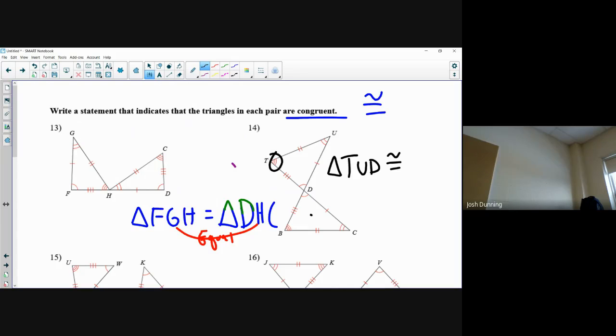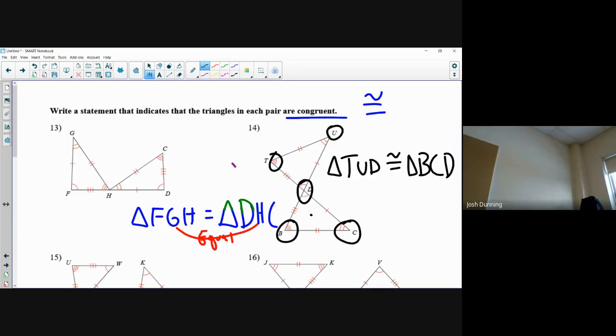So I got to start with the 3-slash angle on the bottom triangle when I name it. The angle T and the angle B, because they both have those 3 slashes, are equal. So triangle B. U was next. U has 2. So I got to go with C. And then D, because both of them at D have 1 slash.